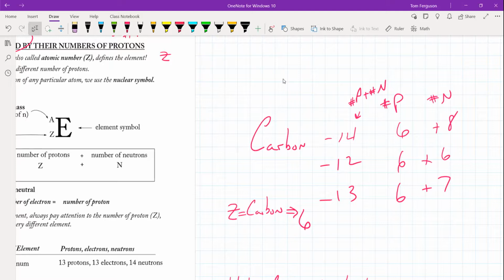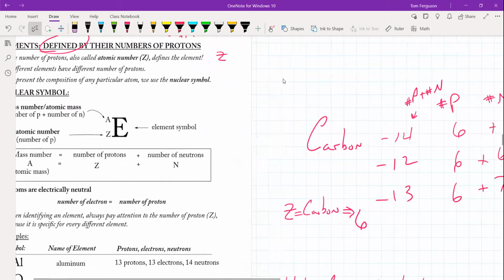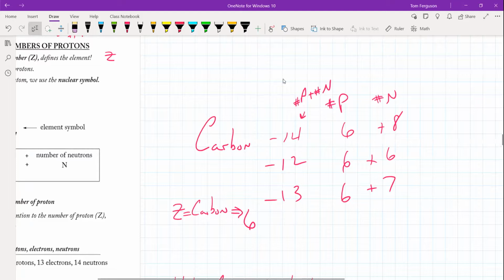So the chemistry of carbon-14 and carbon-12 is the same. Same with carbon-13. Why? Because it has 6 protons balanced by 6 electrons. Does that answer your question? Yes, it does. Thank you. You're welcome. So carbon-12, 13, and 14 is really just a way of telling us how many neutrons there are.